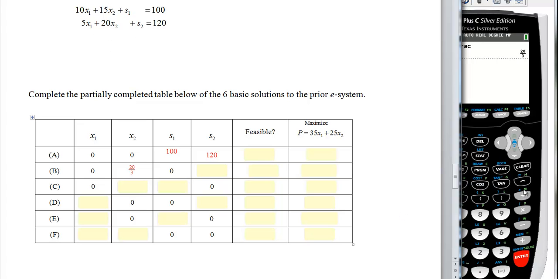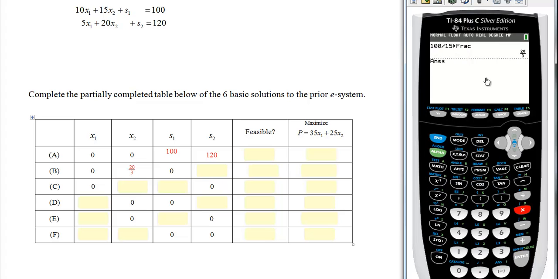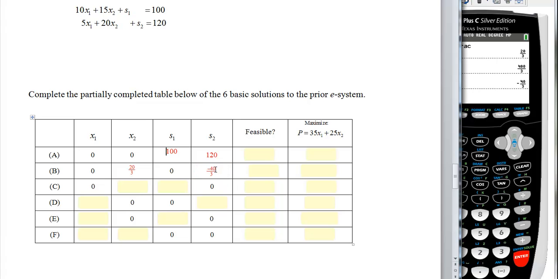So I'm going to multiply that by 20. So that would give me that value. I need to subtract that from 120. So 120 minus that previous answer, so negative 40 over 3.